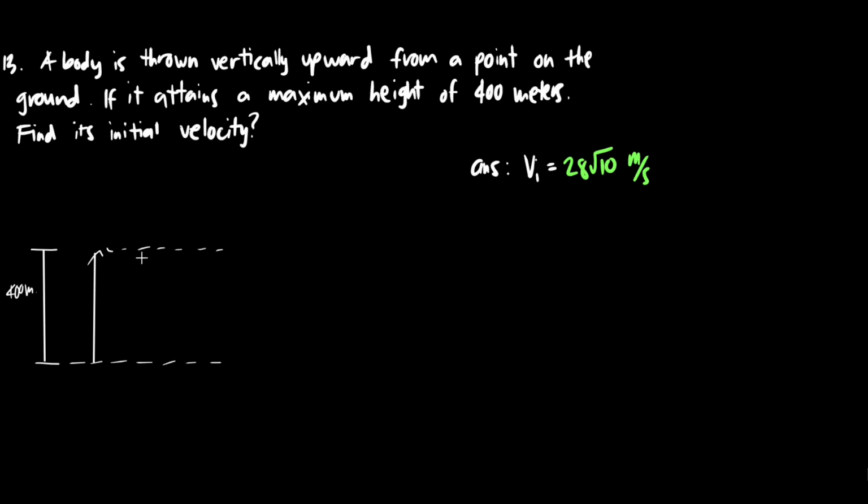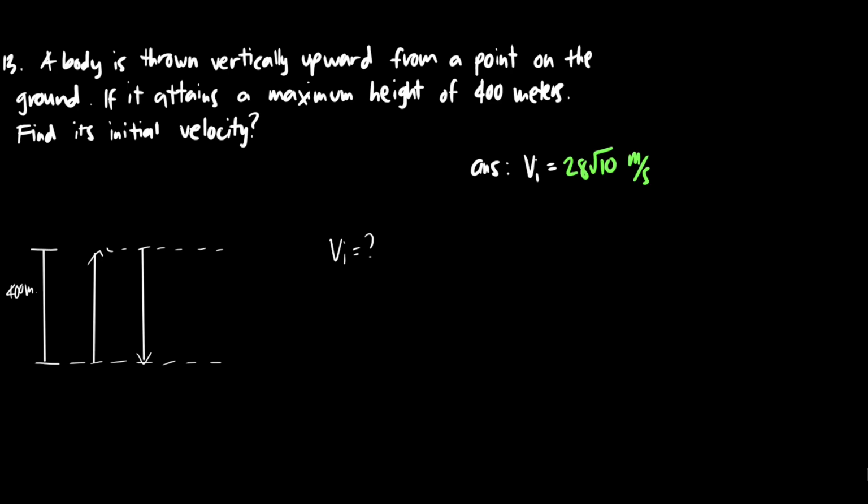If it is the maximum height, for sure the body will go down right away after it attains its maximum height, right? So it will go down again. What we are trying to find is the initial velocity.